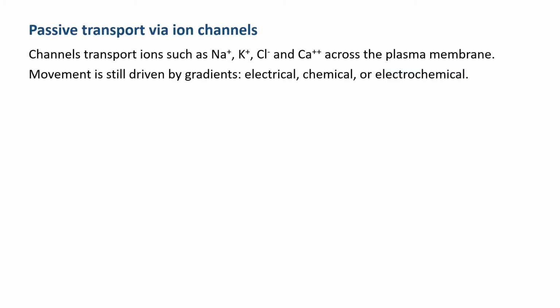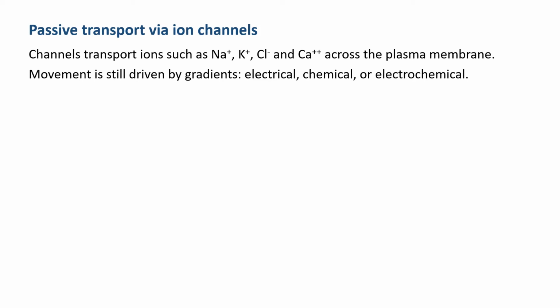So passive transport via ion channels, and we'll come across lots of different ion channels. Channels transport ions such as sodium, potassium, chloride, calcium, remember that double cation, across the plasma membrane. However, this is still driven by gradients. In this case, they could be electrical, because of course we've got ions, they carry a charge.